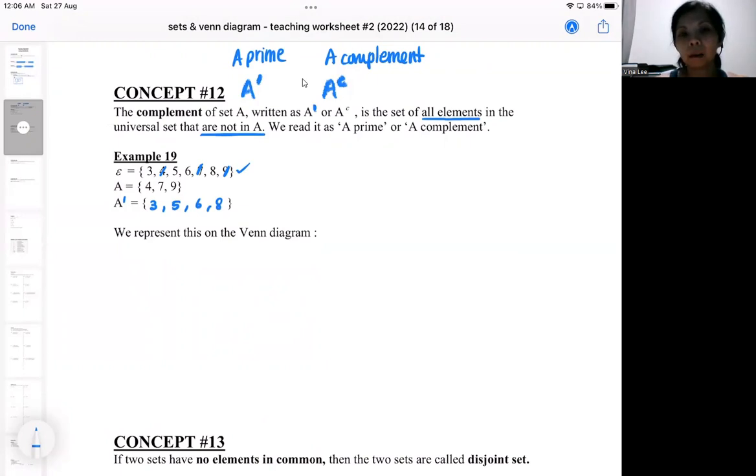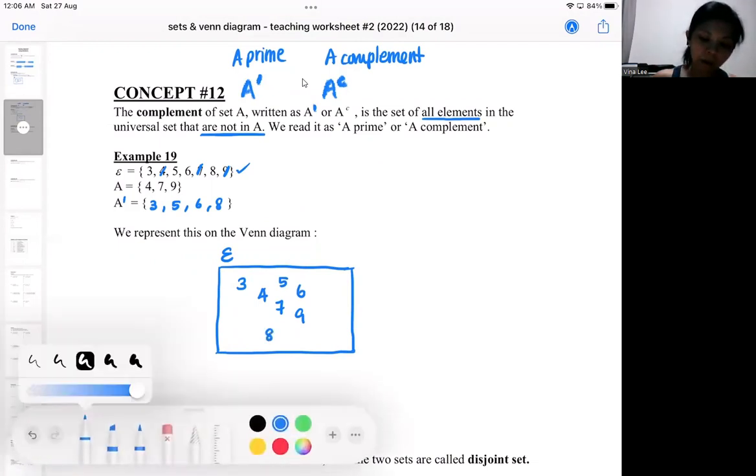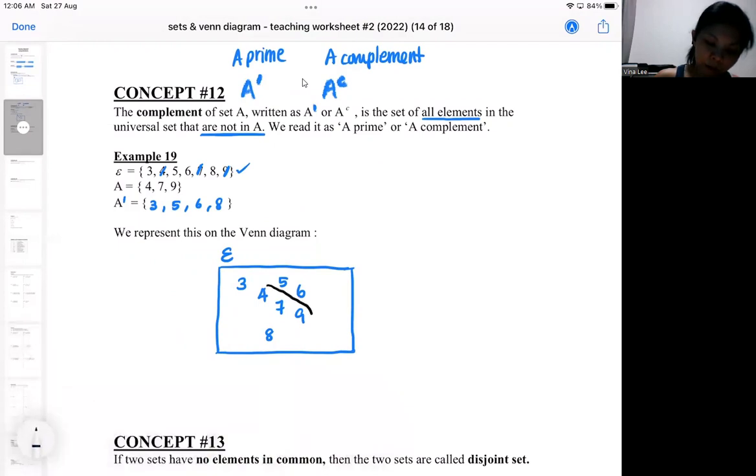A prime are the elements that are not in A. If I'm going to draw it, it actually looks like this. Remember the rectangle is for the universal set. This is my universal set, and out of which, this is my A.